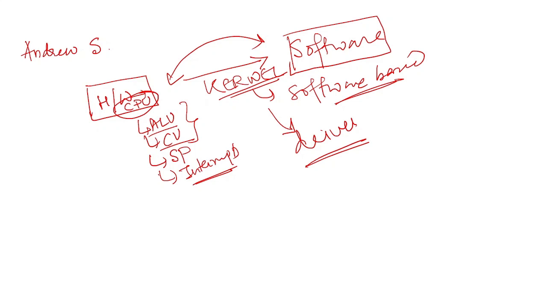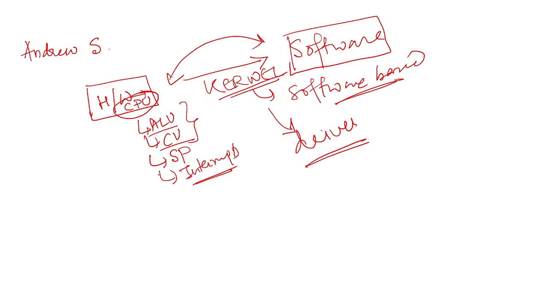In the early 1980s, Andrew S. Tanenbaum developed a small, educational-purpose operating system called Minix, meaning mini Unix. Why did he create that?